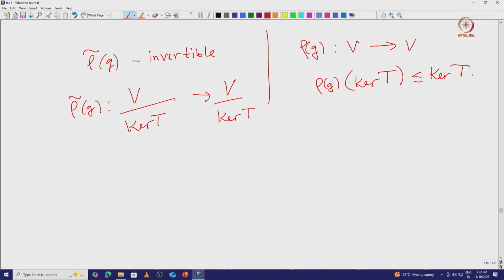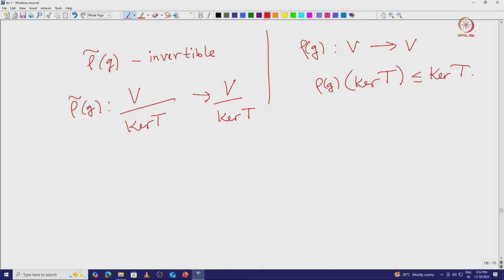Now if you think about it, because on both sides we have the same spaces, if we prove that rho tilde(g) is indeed injective, it is enough to say that this is an invertible map.